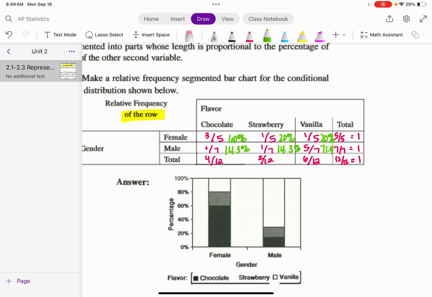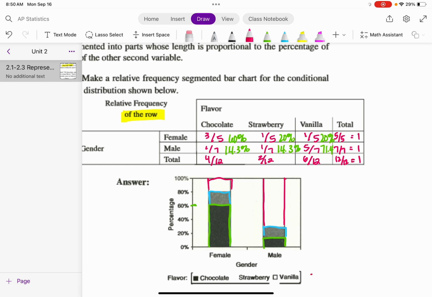So important things about the segmented bar chart: chocolate's our first flavor. It's going to come first on both male and female. So 60% of females like chocolate. There's my 60%. And then 14.3% of males. My next flavor is strawberry. I stack that right on top. And then lastly, vanilla for both categories, male and female.